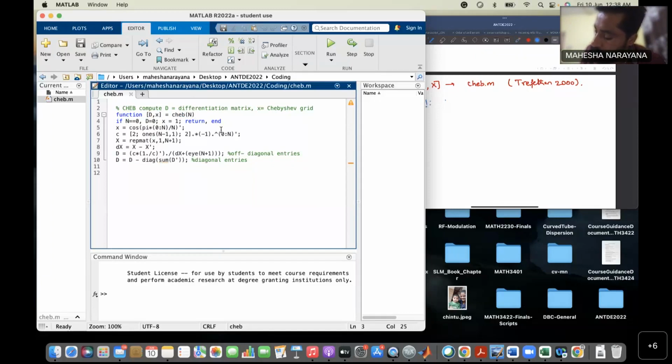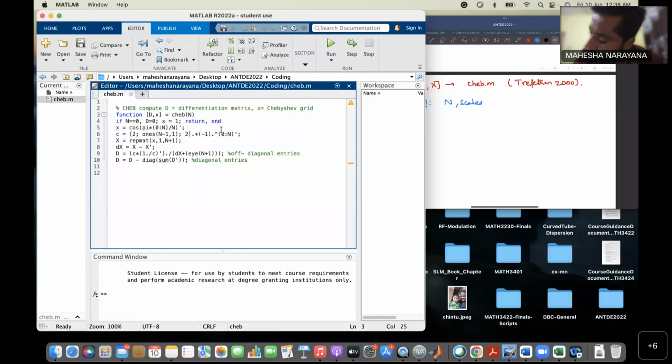It is to be passed because it is taking n as the input argument. And if it is not -1 to 1, you'll have to use appropriate scales.